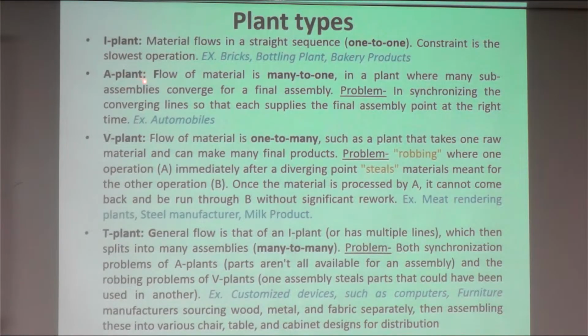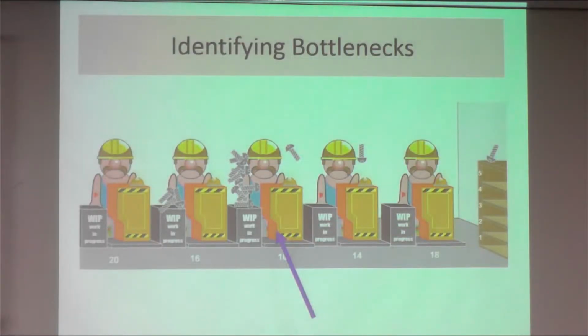A-type plant, I mean, many to one. Flow of material is many to one, in a plant where many sub-assemblies converge for a final assembly. The problem here is synchronizing the converging lines so that each supplier reaches the final assembly point at the right time. Example: automobiles.